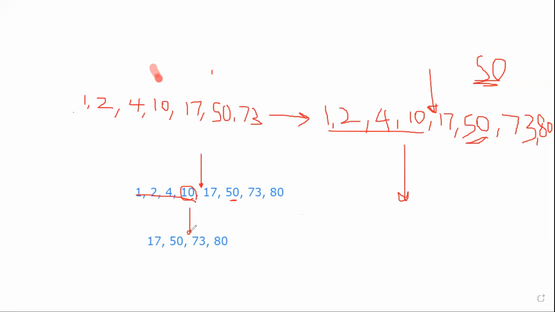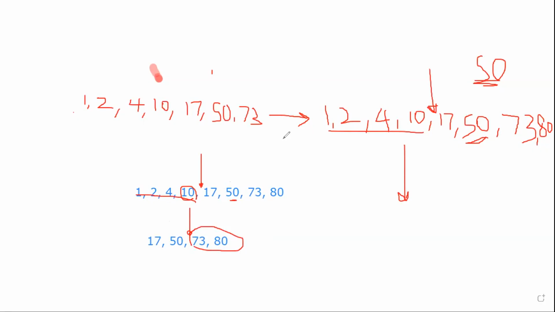Once we split it into 2, we check 50. This side is greater than 50, but this side is equal to 50. So we cannot discard this side and now focus on here.